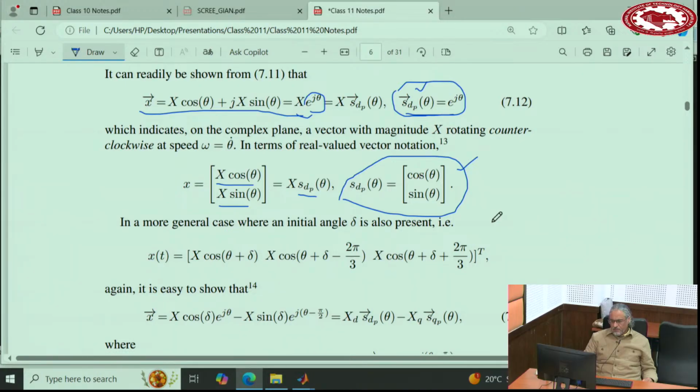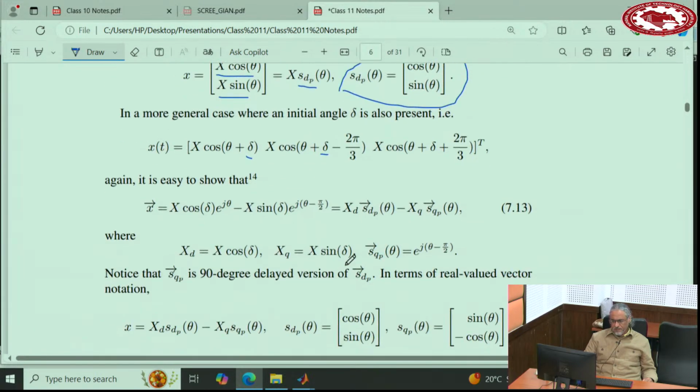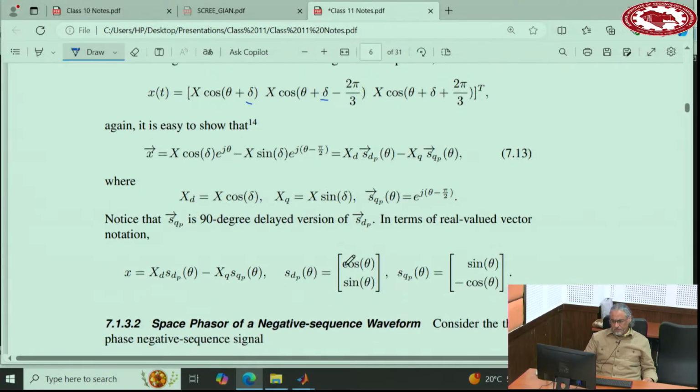Now, if it has a phase shift, already a phase shift delta, then the space phasor will have this component SDP and SQP. And SQP now is e to the j theta minus 90 degrees. So Q for quadrature always has a 90 degree phase lag with respect to direct.